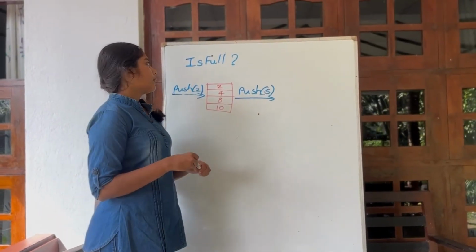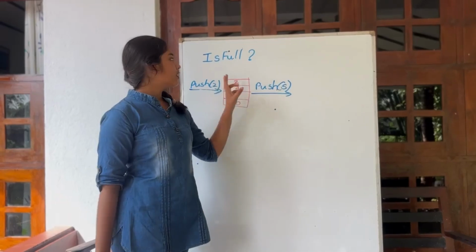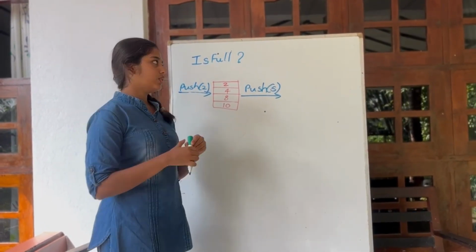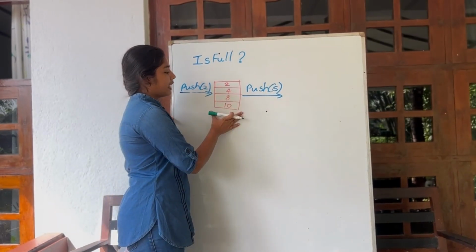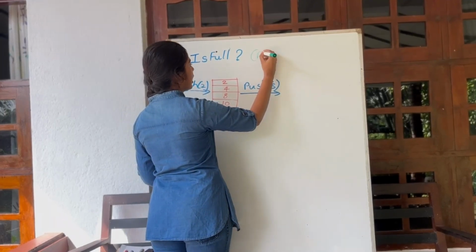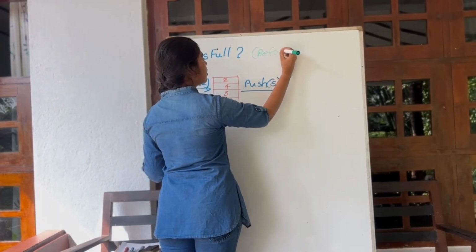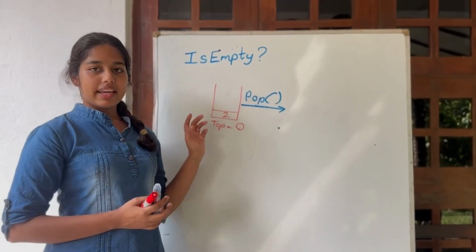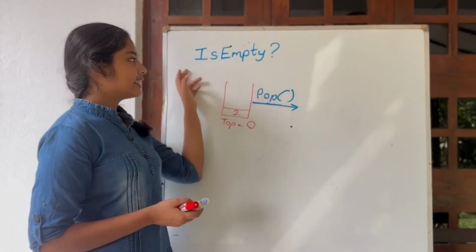So this is the is full operation. We have to check whether the array is full or not before adding any element.